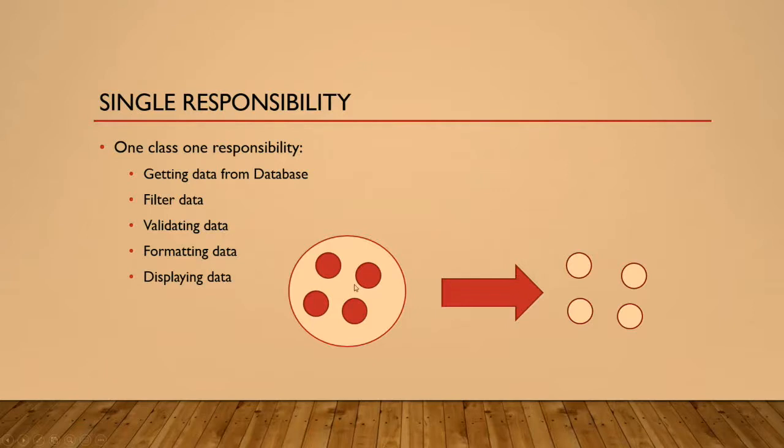At least it's separated into multiple methods, but all connected to one another. Perhaps one method is very large, doing a lot of stuff. If you want to improve the code quality, you would apply single responsibility by splitting it into multiple classes. So here you would now have a class only for data access, a class only for filtering, for displaying.